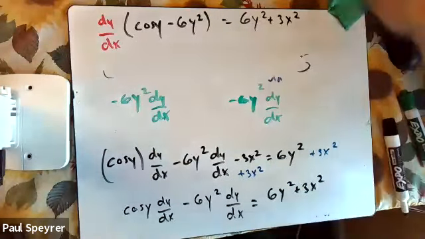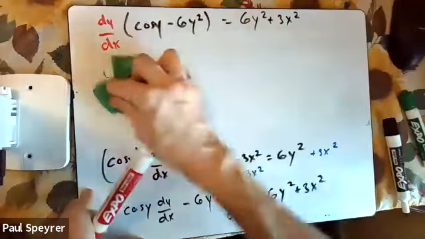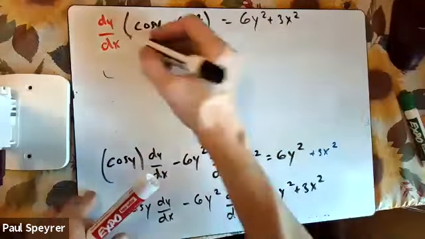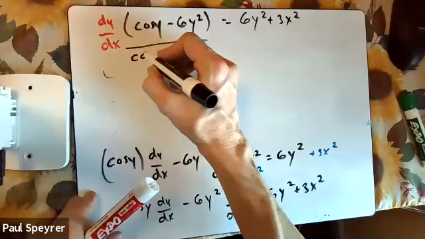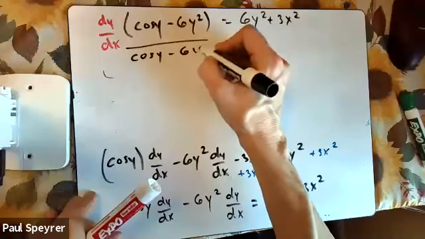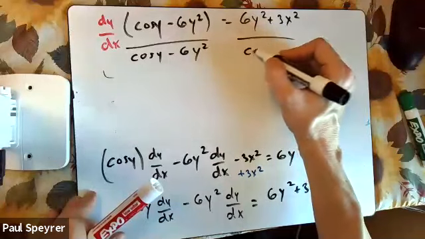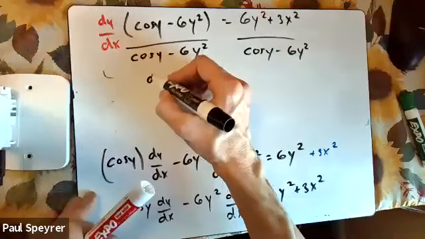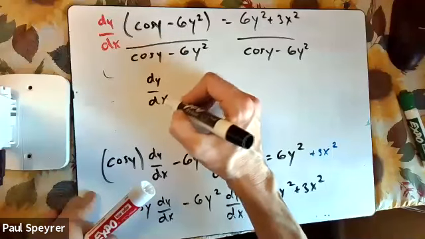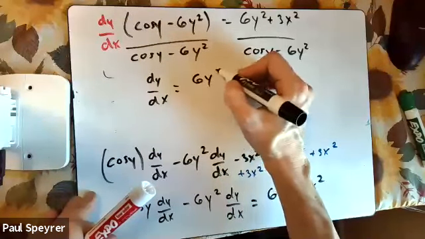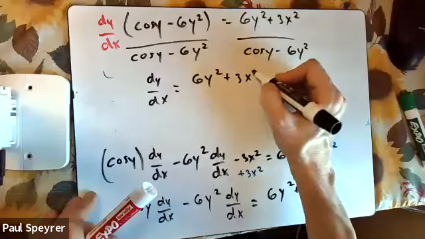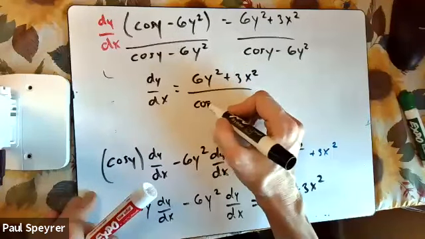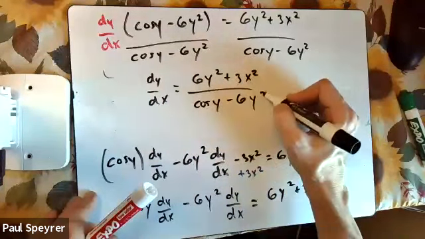And then lastly, we can divide both sides by this cosine of y minus 6y squared. So we get dy dx equals 6y squared plus 3x squared over cosine of y minus 6y squared.